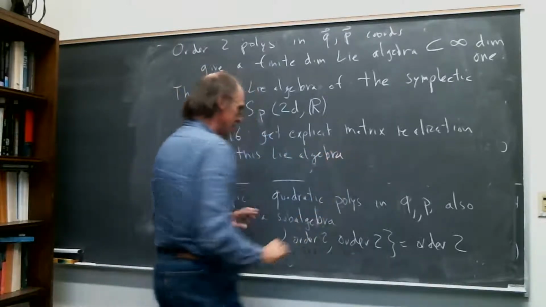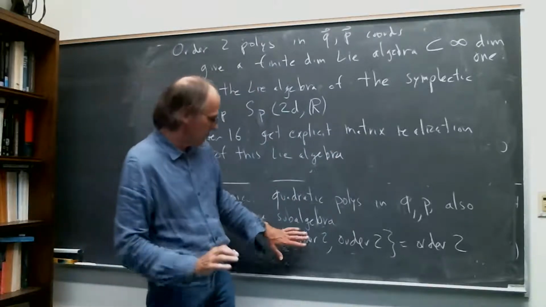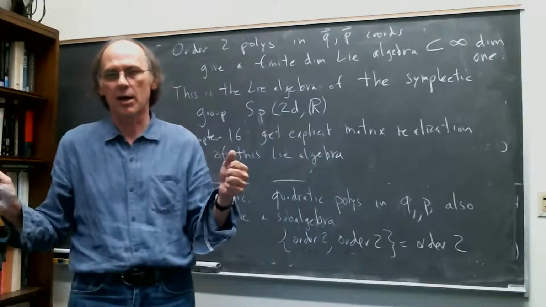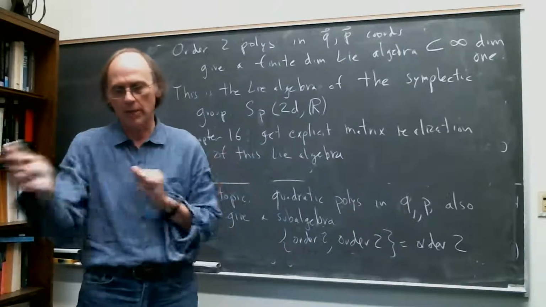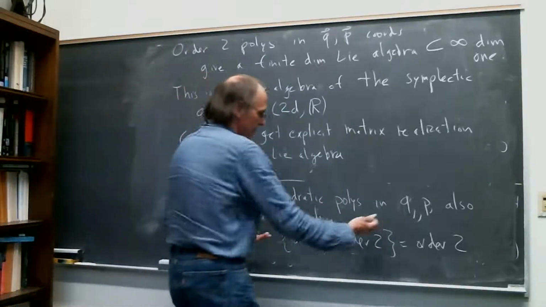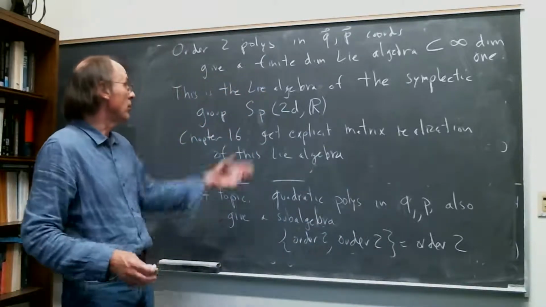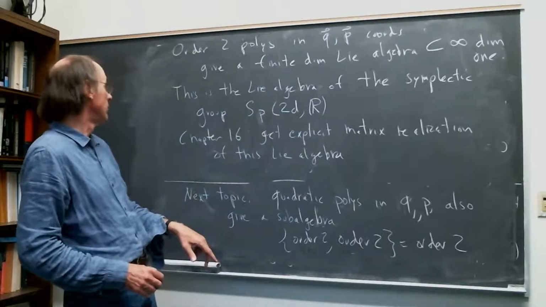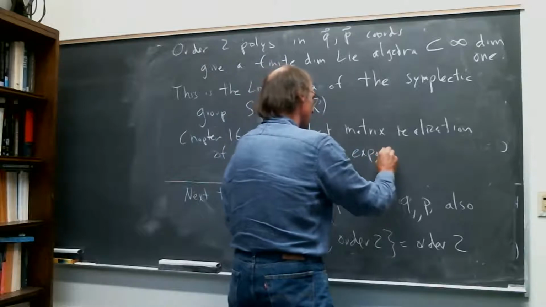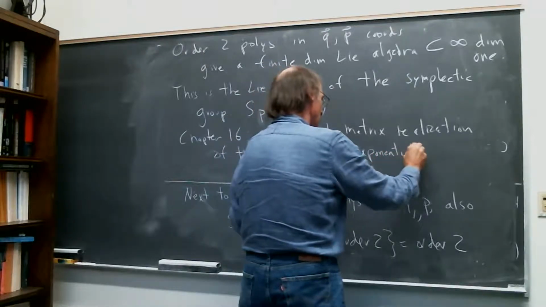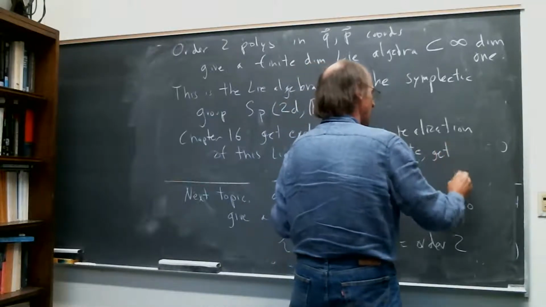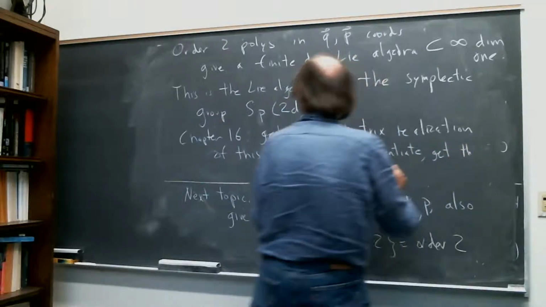So I get an identification of these order 2 polynomials with matrices of a certain size, so that the Lie bracket is given by the Lie bracket of matrices, and then exponentiating those things, I get a group, which is a symplectic group. And so you can exponentiate and get the group.